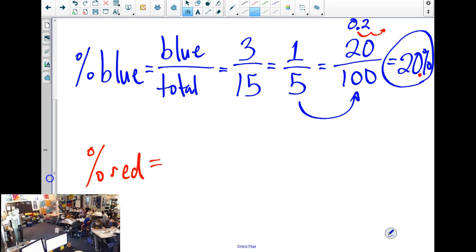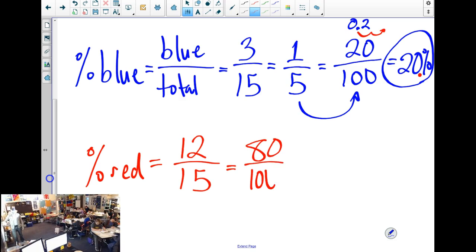So how much red? 12. How much total? 15. That actually becomes 80 over 100, which is 80%. Again, if I did the math, it'd be 0.8 times 100, which becomes 80. Or if I just know that it's whatever number over 100 is my percent, then I'm good to go.